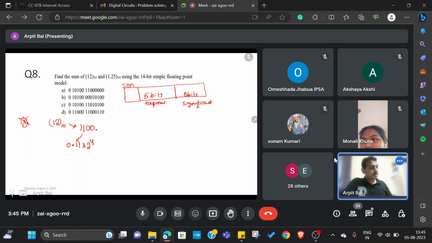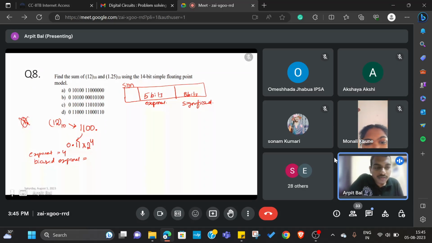Here the exponent is 4, and to find out the biased exponent, we need to add the number to 16.